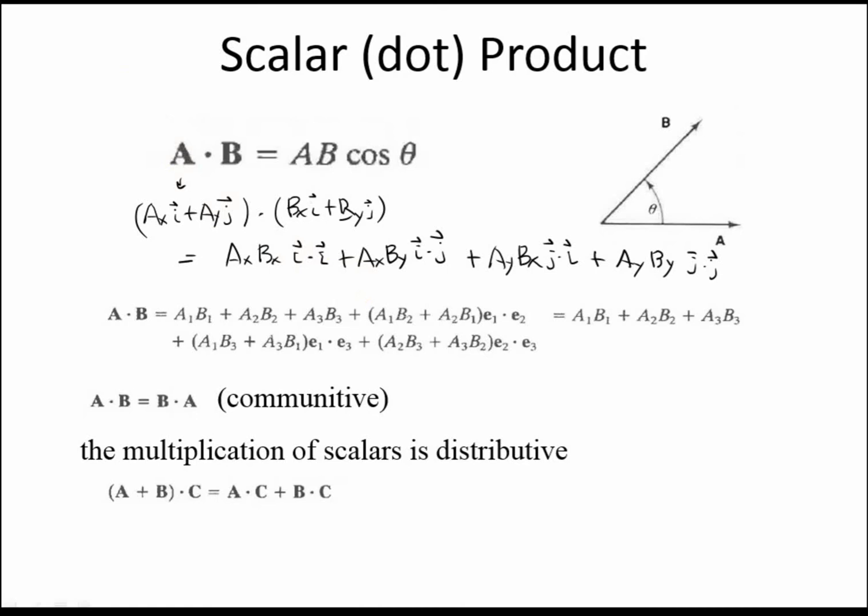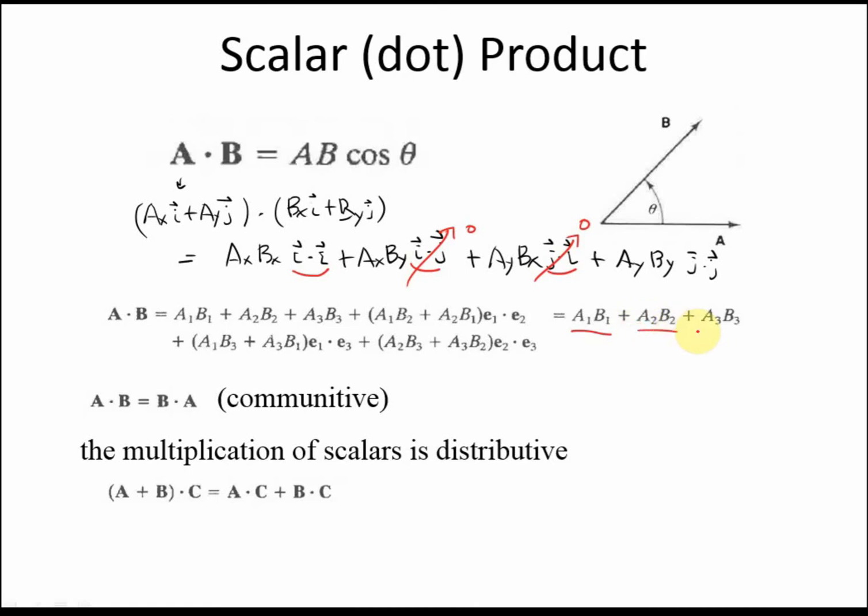But if you look at the dot product of those unit vectors, then i dot j becomes 0 because the angle between them is 90 degrees, orthogonal, and this one too. That's why finally we have only the component-wise multiplications. So the result is just ax bx in the x direction, and so on.